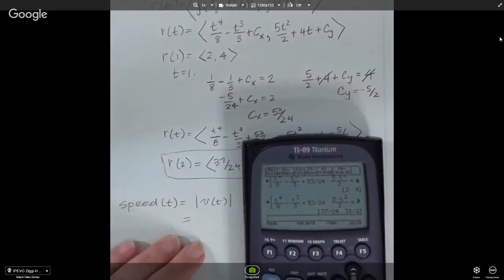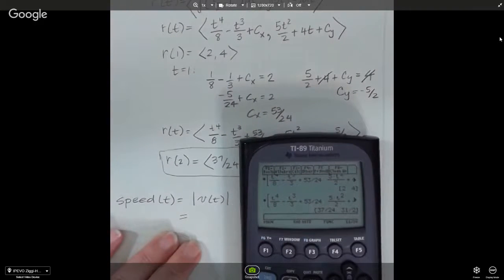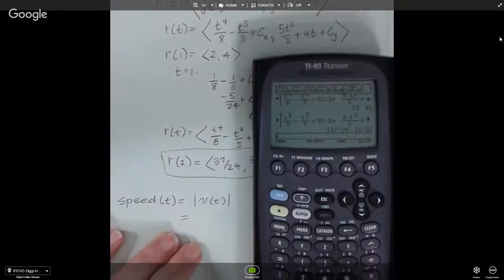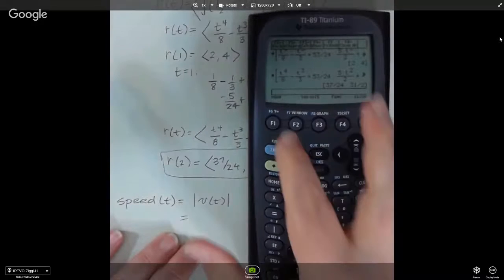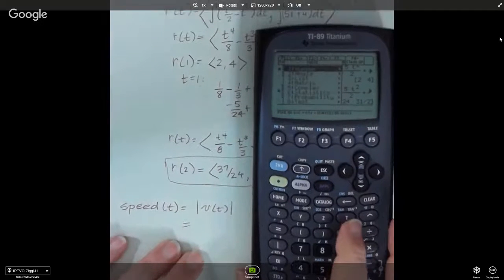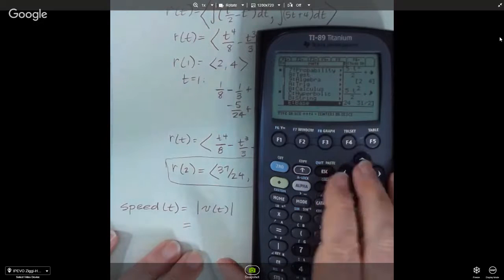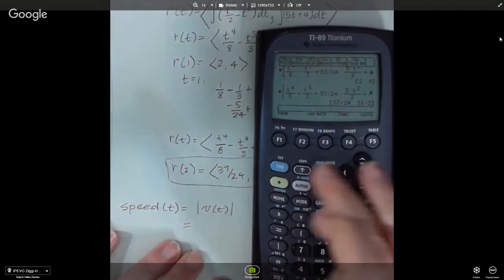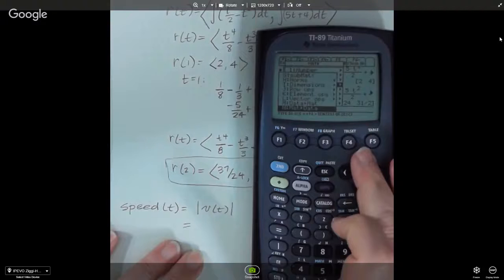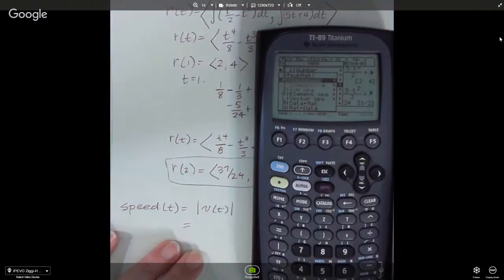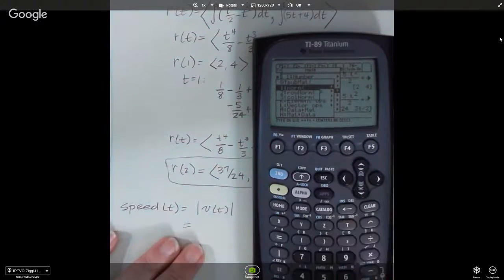Okay, so how do I get to the norm command? Well, we go back to the second math, which happens to be above the 5. So second math, and we got to go to the matrix menu. And I'm going to go up because it's that letter H for norms, and I'm going to press enter.